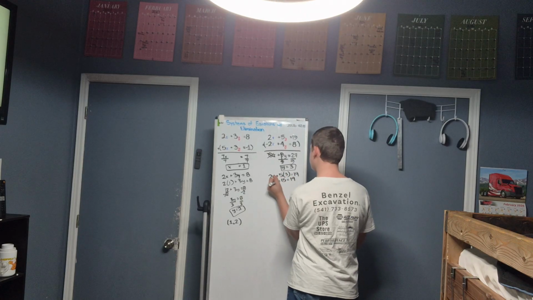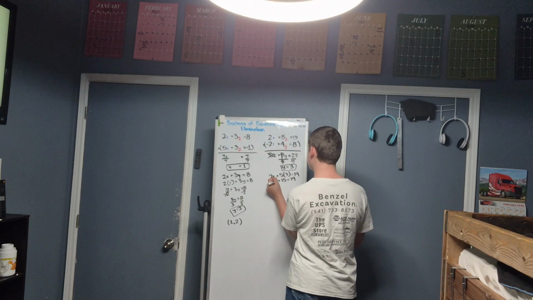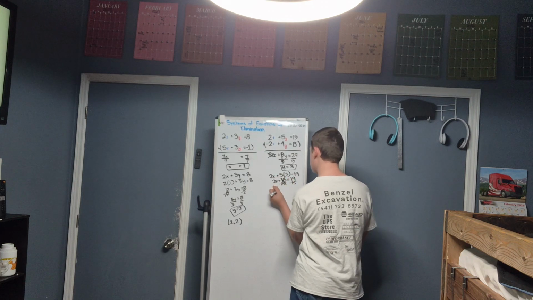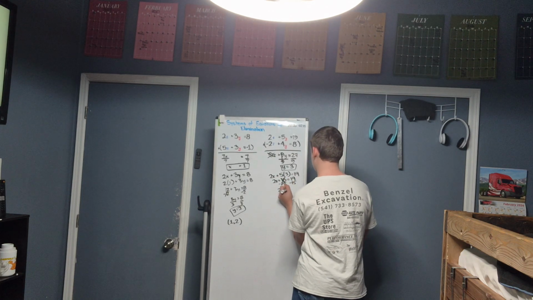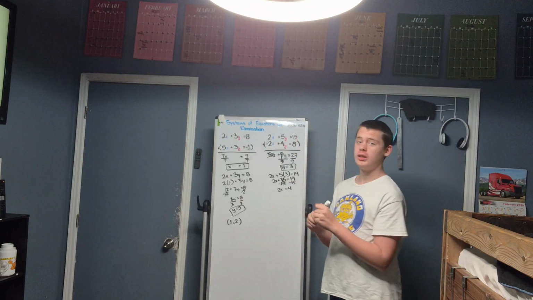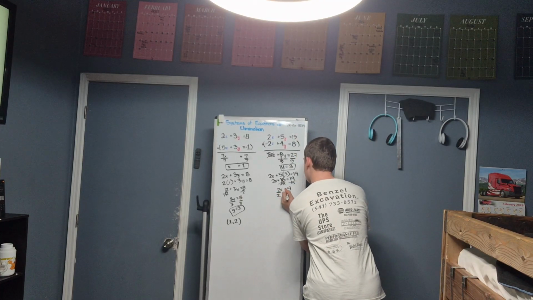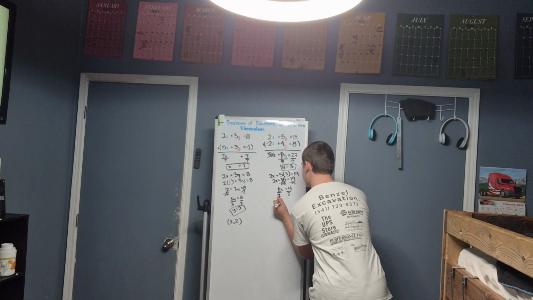So 15 plus 2x equals 19. Minus 15 on both sides. And we get 2x equals 4. 2x equals 4. My bad, I was about to write 14. Sorry if I messed you up there. Divide that by 2. X equals 2.